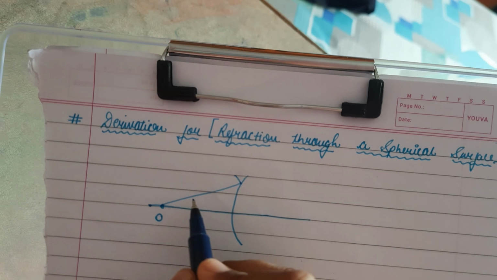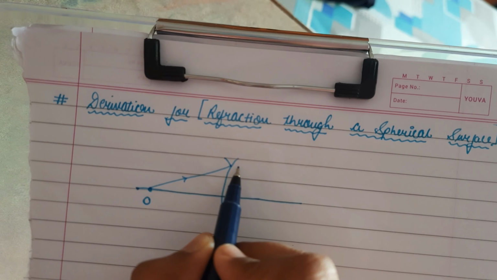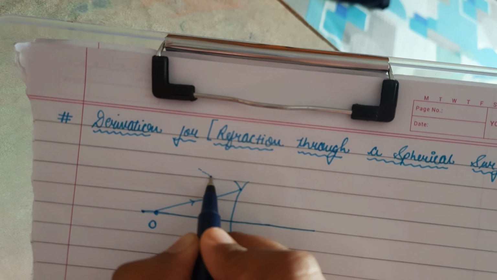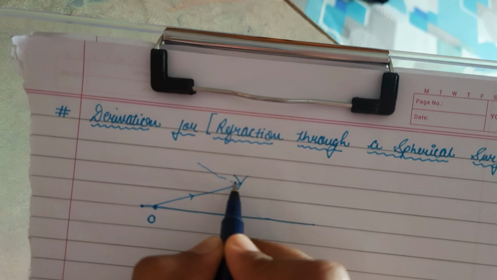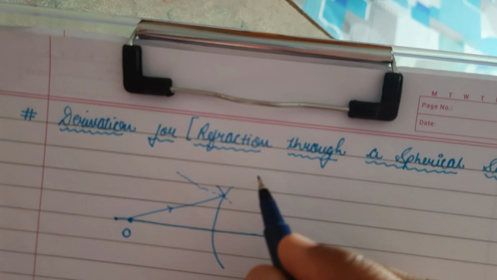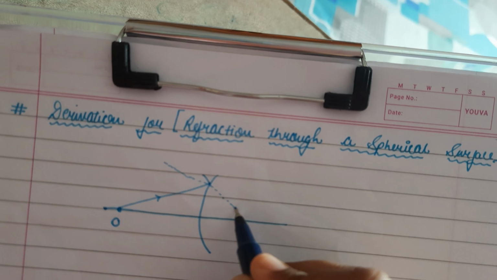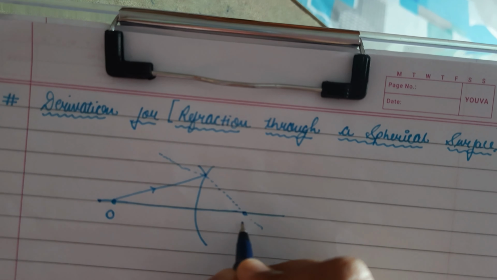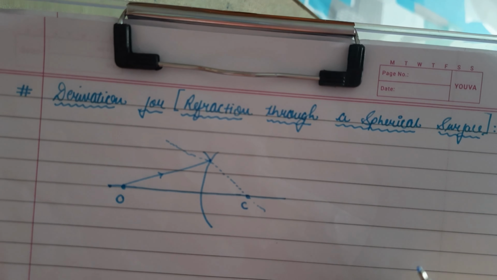Now as soon as any incident ray touches the surface, we make a normal on that surface. And we know that in any case of spherical surface, the normal passes through the radius of curvature.